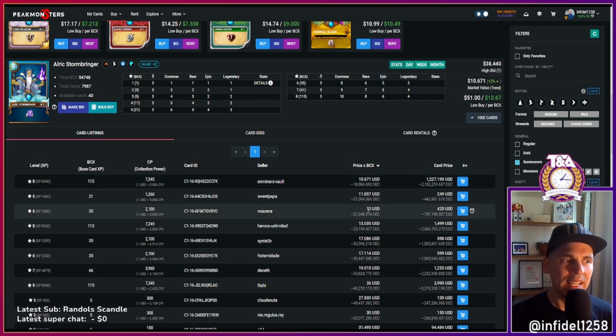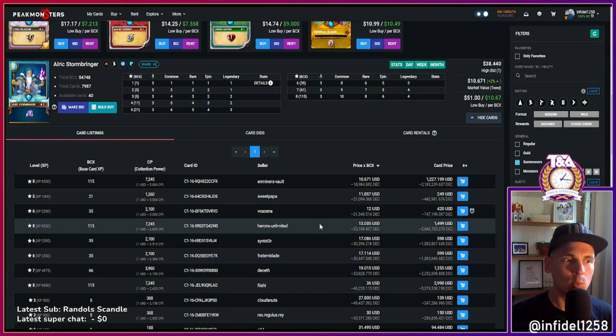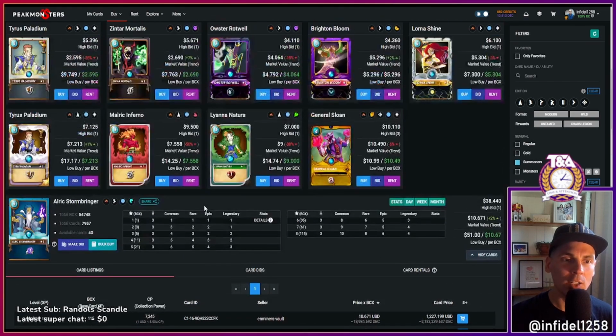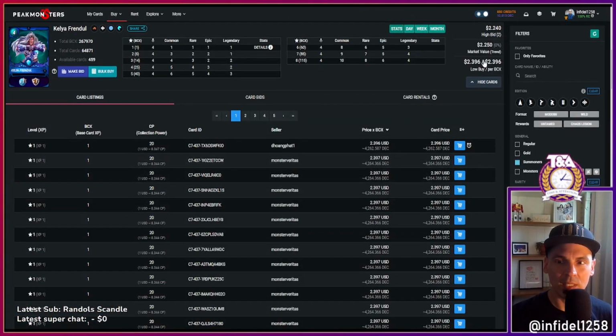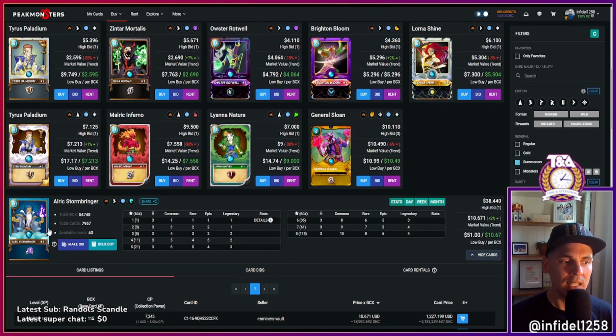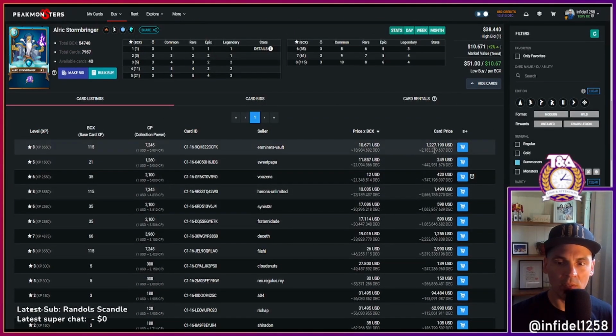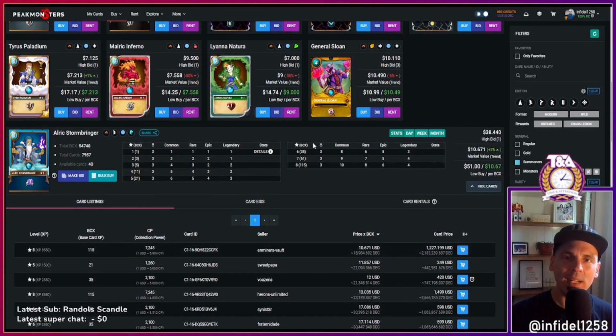If, for instance, as one example I talked about before, you were to sell your Alric and replace it with a Kelia or Frendel, you're going to get a replacement asset for, I'm going to say $300, 1/3 or 1/4 of the cost of your Alric, leaving you with $800, $900 left over in your pocket based on this current Alric at $1,200. So that's one easy way to think about it.